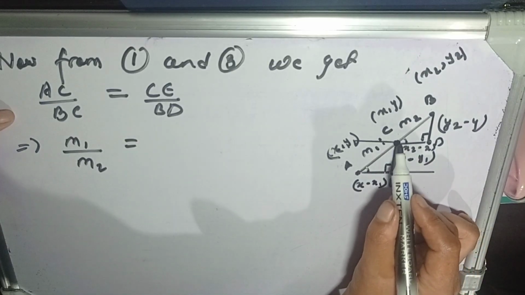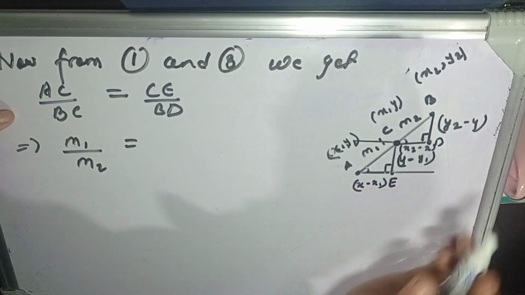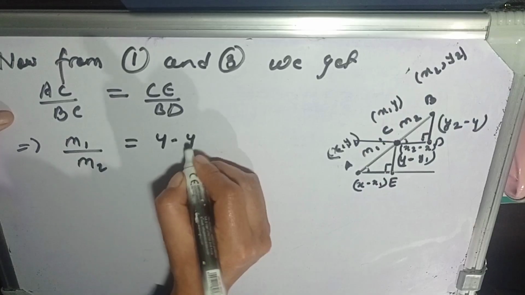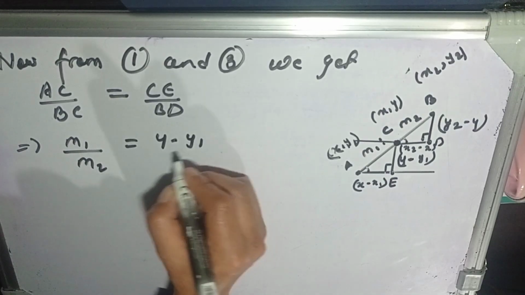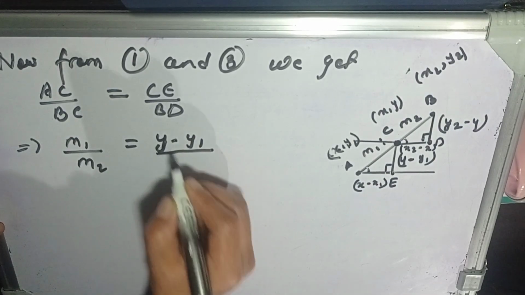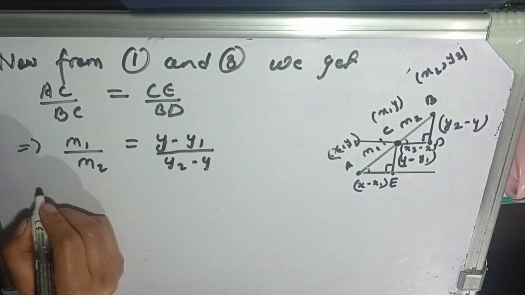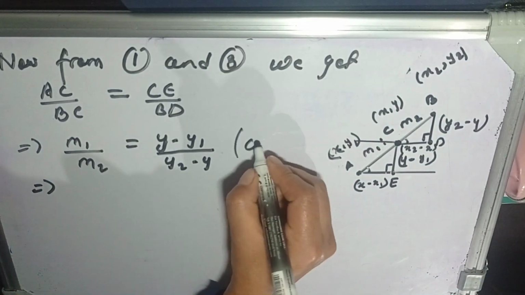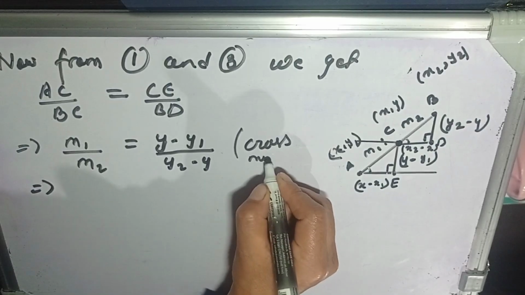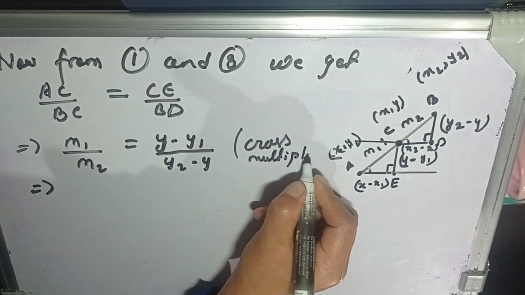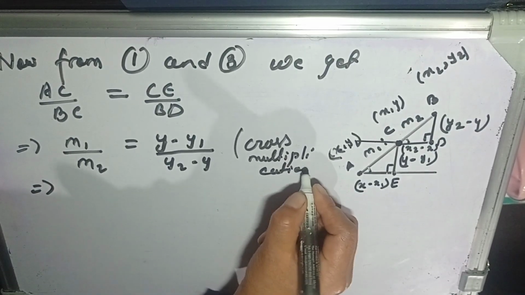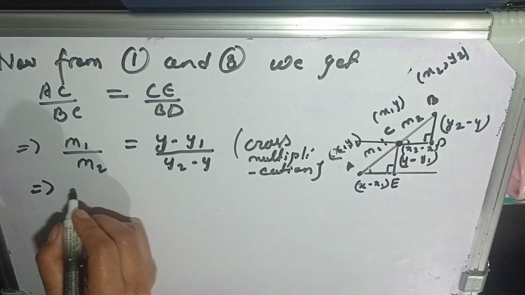EC we have y minus y1, divided by BD we have y2 minus y. So by doing cross multiplication, we'll do the cross multiplication here.